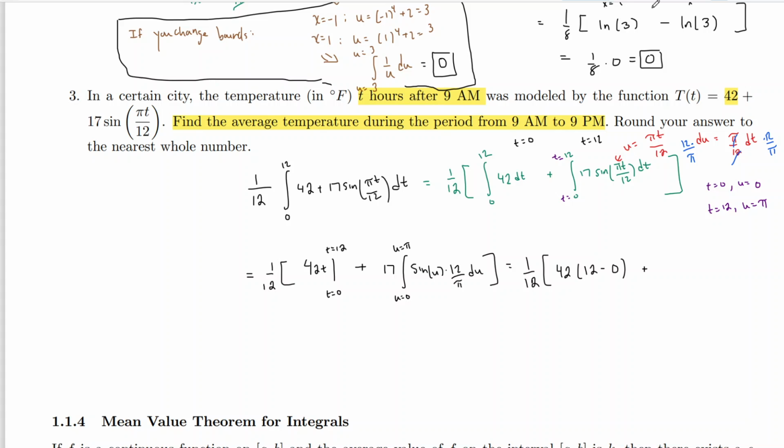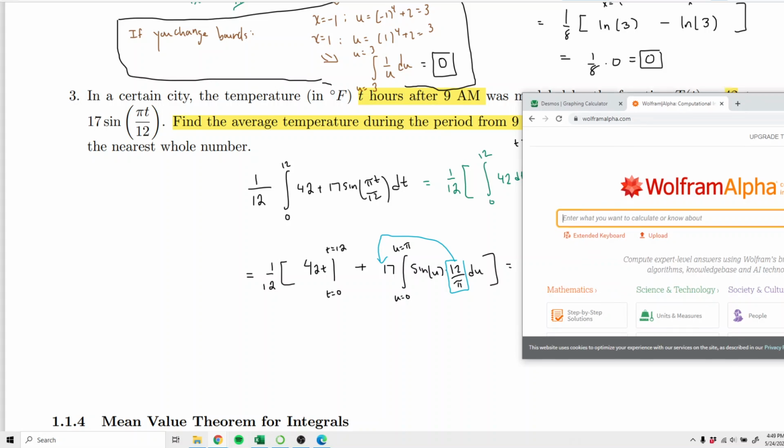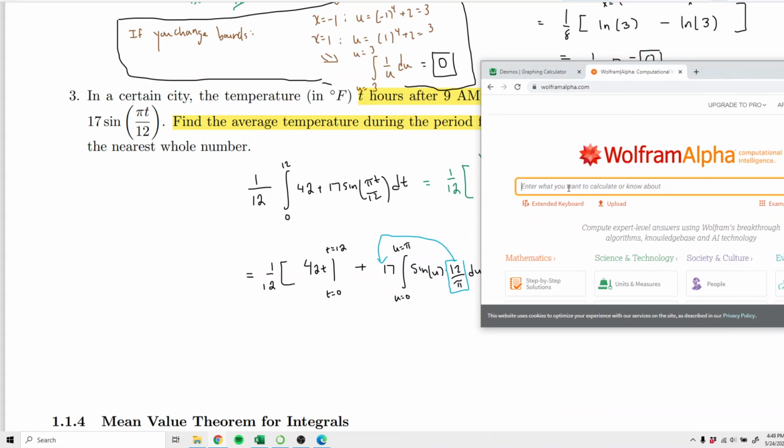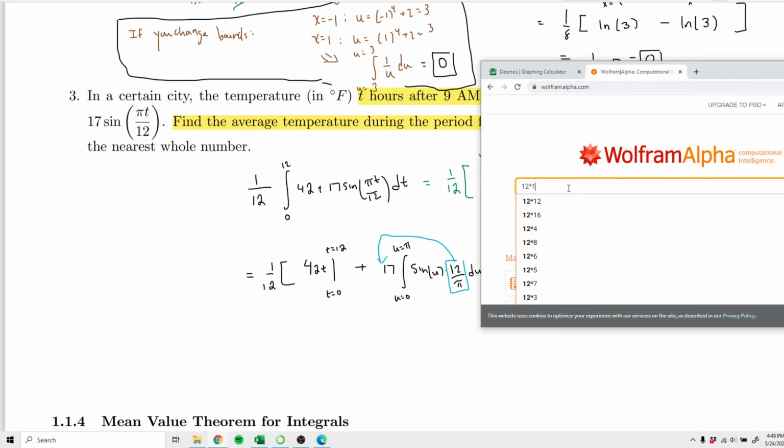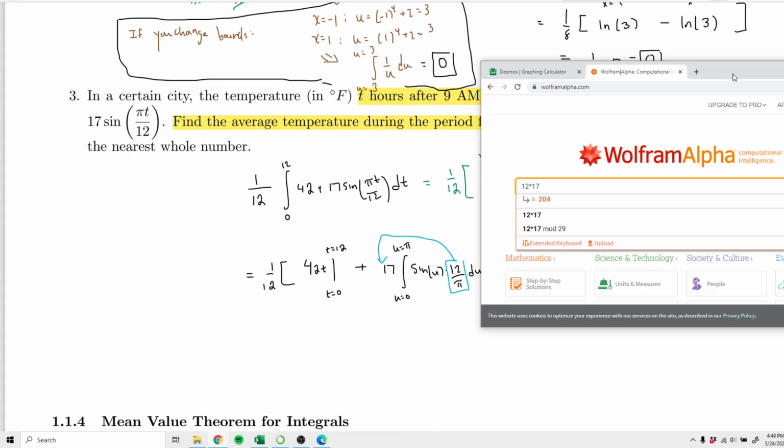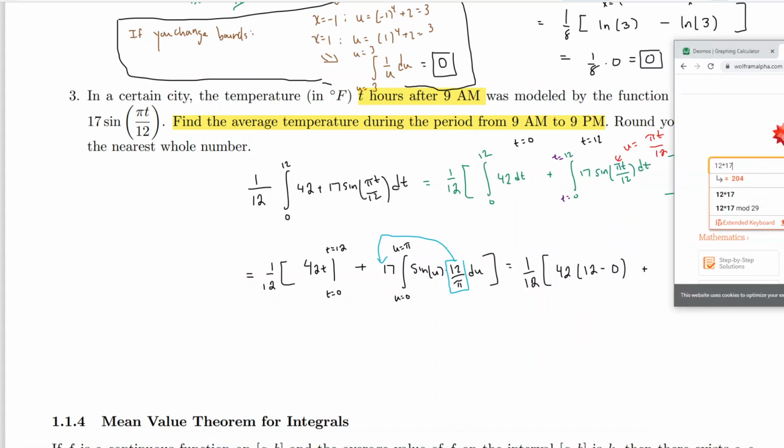And then for the next one, the 12 over pi, we also want to bring outside here along with the 17. Now the 12 over pi is being multiplied by 17. It might help just to do 12 times 17. And we get 12 times 17 is 204. So out front here, we're going to have 204 over pi.